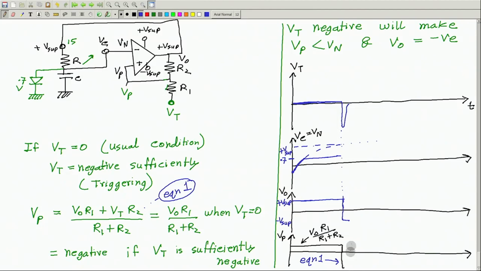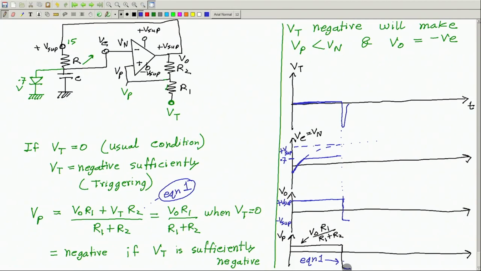So now you see Vo is negative and Vt is also negative here. So these two negative things will make or keep the Vp negative, definitely, because Vo is now negative and Vt is also negative. So these two together will make Vp negative. So it will stay there.